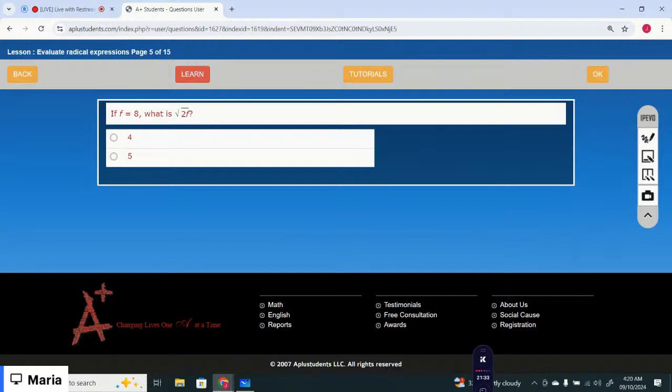If f equals 8, what is square root of 2f? Which is the correct option? That is square root of 16. So which is the correct option?